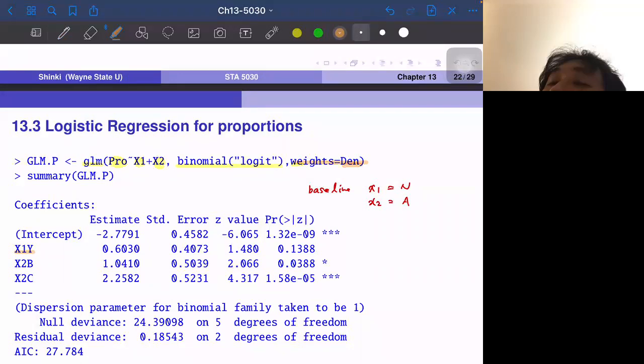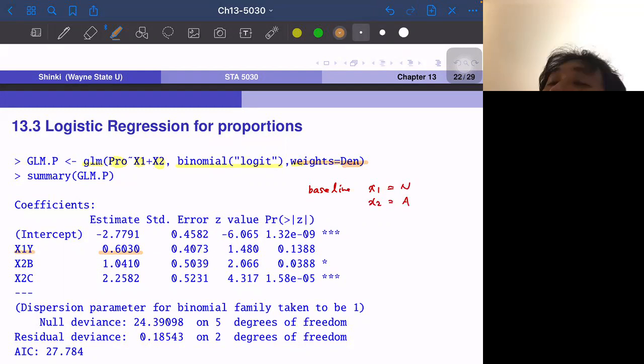This does not mean the probability is 60% higher, but the coefficient of the indicator variable of x1 equal to y is 0.6. Then we have the complicated inverse link function. But at least we can say that y gives higher success probability than n.